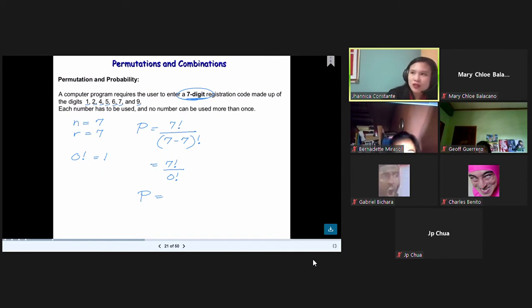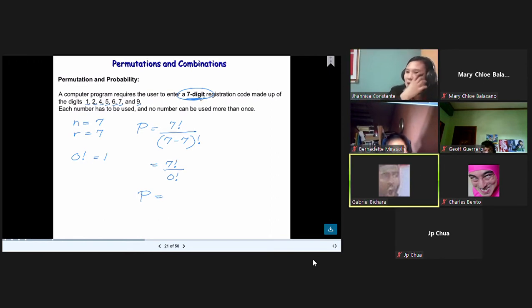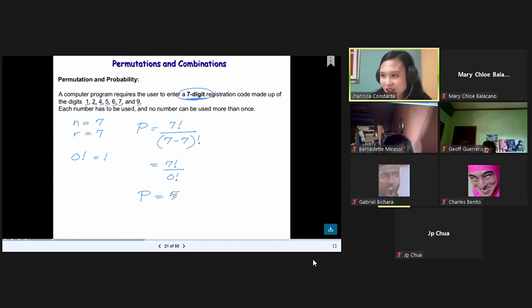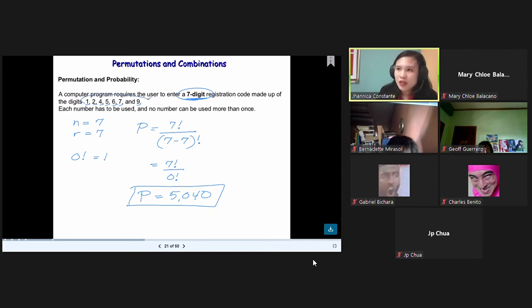What is the value of 7 factorial? 5,040 on my scientific calculator. So we have 5,040 combinations of 7-digit numbers that we can create here on the screen to register as a code for our computer program.